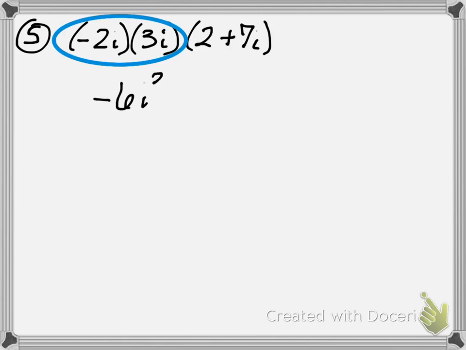Negative 6i squared times 2 plus 7i. What is i squared? It's a negative 1.